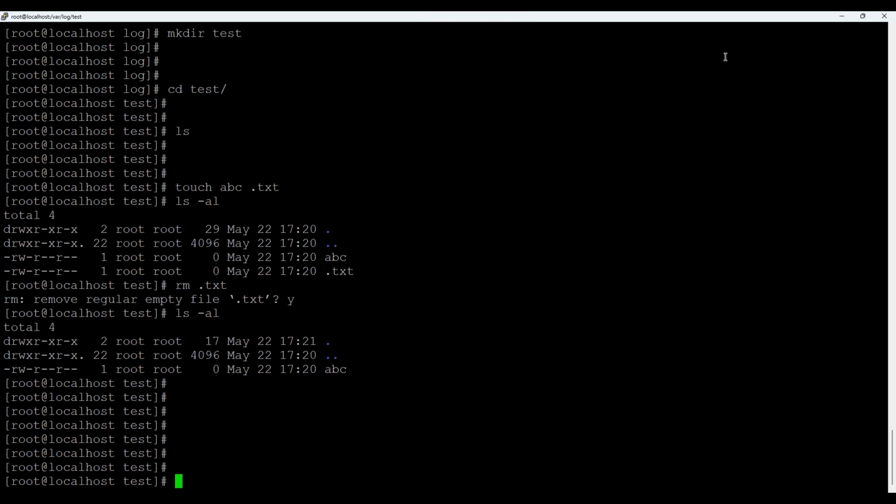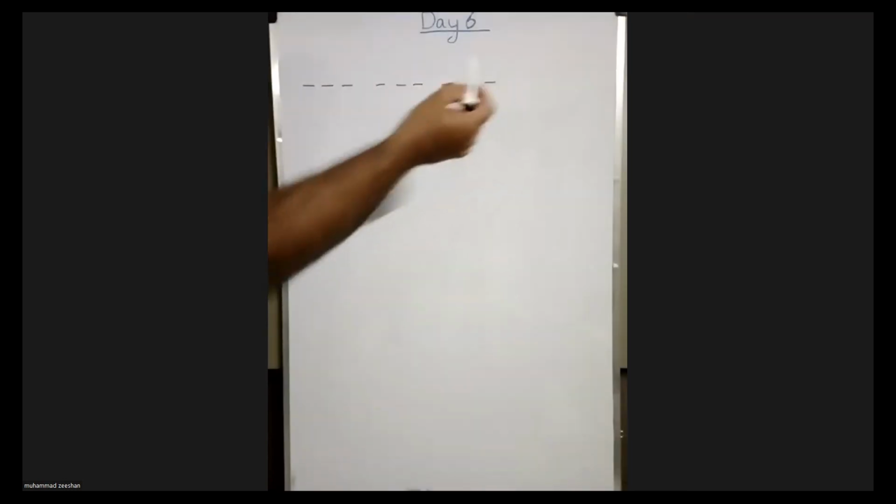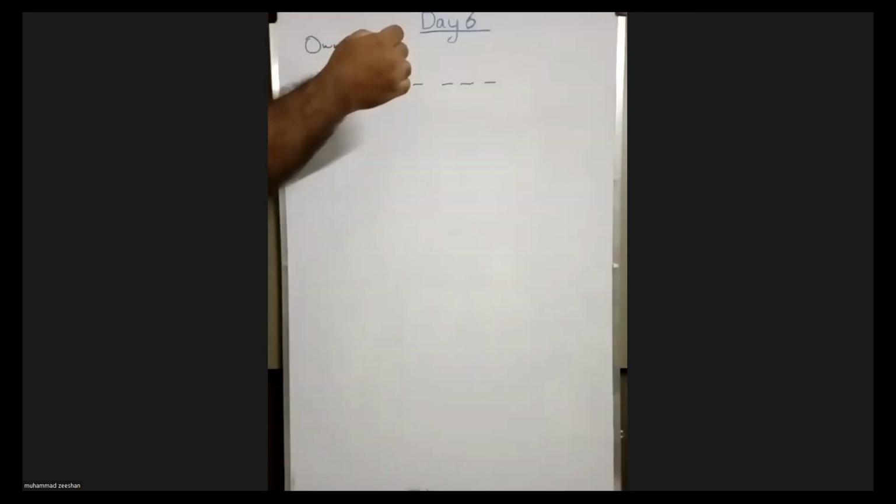Let me go on the board. I can better explain it there. So let's say I have a file. It has 1, 2, 3, 1, 2, 3, 1, 2, 3. This is the owner. This is the group.